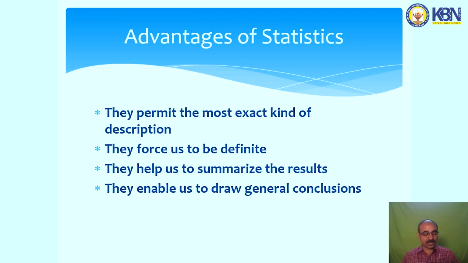Further, by means of statistical steps, we can say how much faith should be placed in any conclusion and how far we may extend our generalization. Thus, they enable us to draw general conclusions.